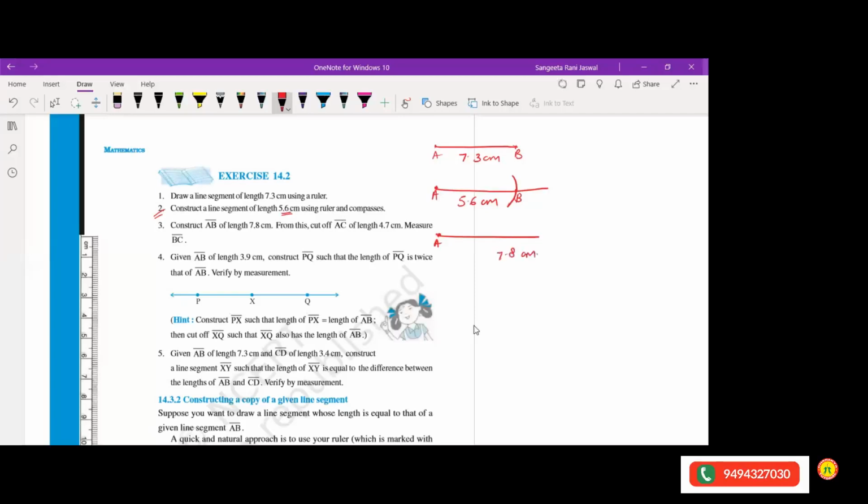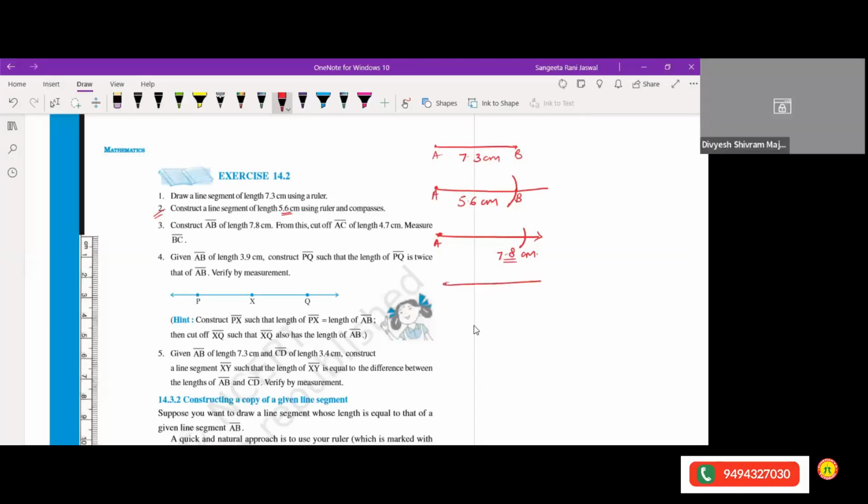Keep the compass needle at A, open the compass to 7.8 centimeters, and mark an arc like this. This is your 7.8 centimeters. At 7.8 centimeters, you marked an arc.